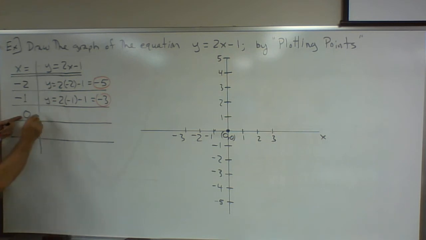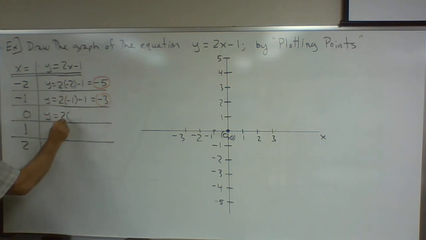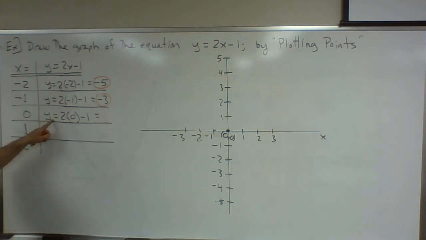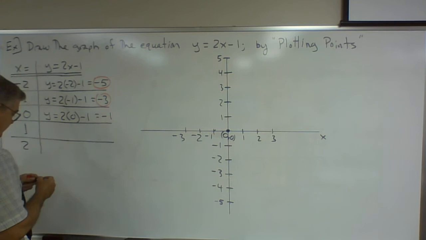When x is 0, we take x equals 0 and put it in the equation 2x minus 1. Then we have y equals 0 minus 1, that's -1.